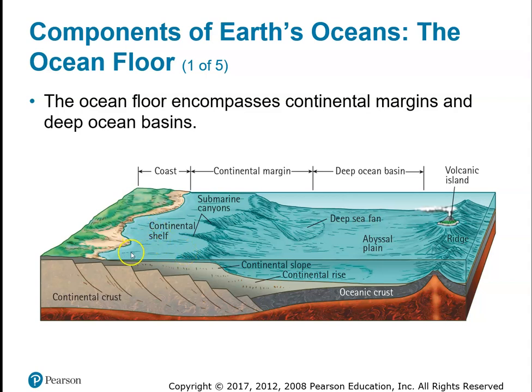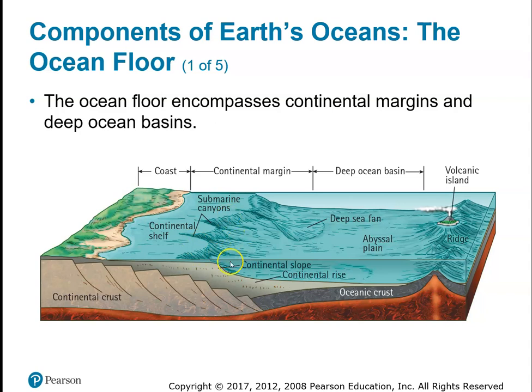Now just to let everybody know, not all the continents have a very great continental shelf. The western coast of the United States has a pretty good continental shelf, but right off the East Coast, it drops pretty dramatically.